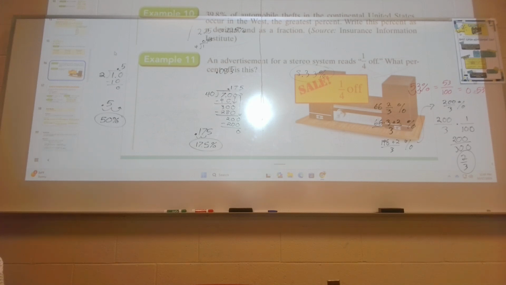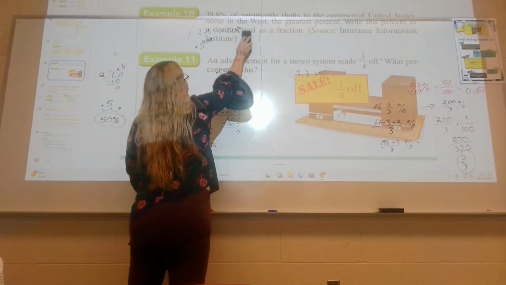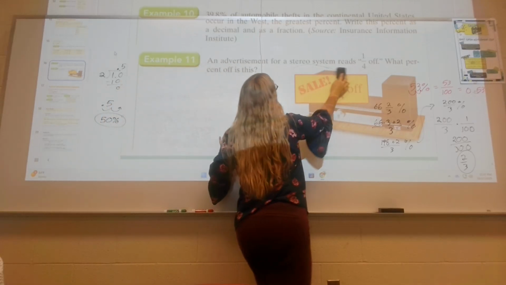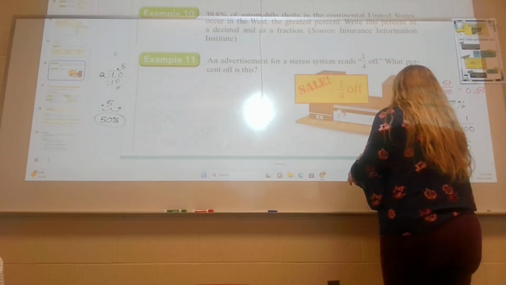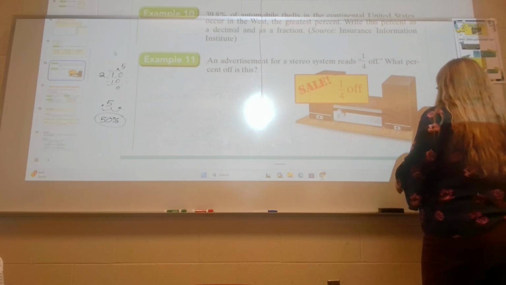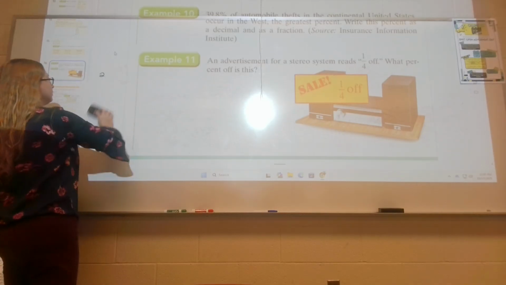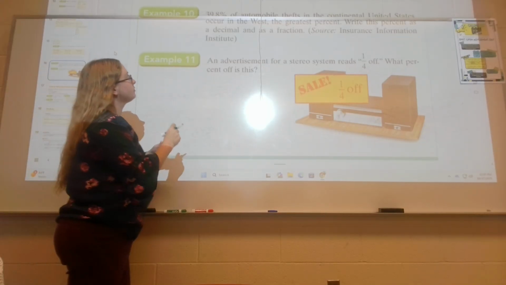So example 10 tells us 39.8% of automobile thefts in the continental United States occur in the West. That's a high percentage. The greatest percent. Write this percent as a decimal and as a fraction. So putting it as a decimal should be easy. That's just moving the decimal point, right?